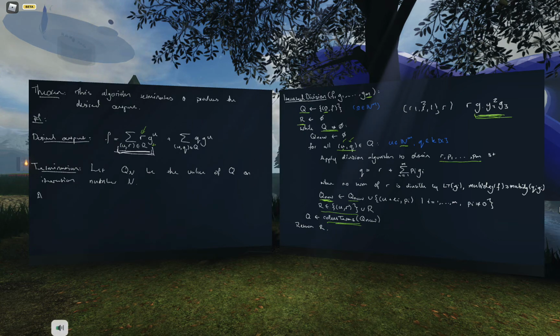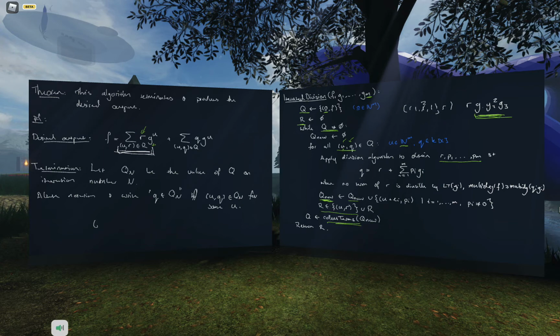Okay, and we're going to abuse notation and write that Q, a polynomial Q, is in Qn. This is going to be true if and only if UQ is in Qn for some U, right? So we basically forget about the indices, right?